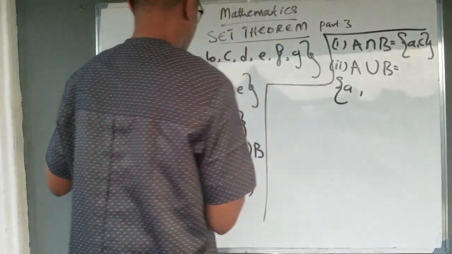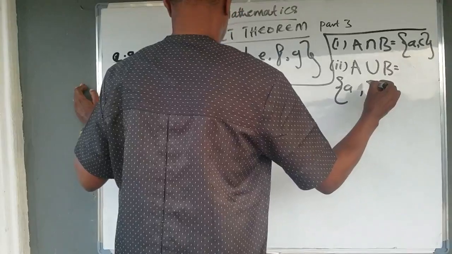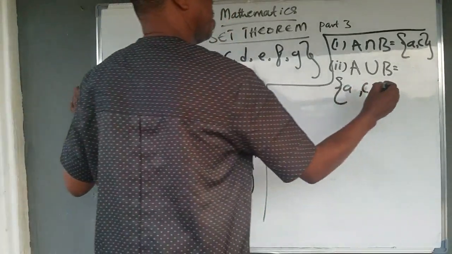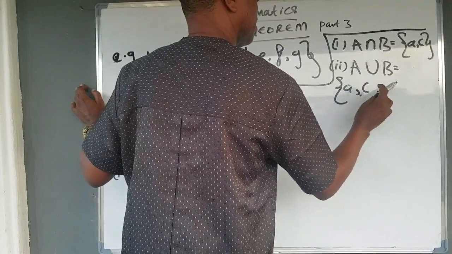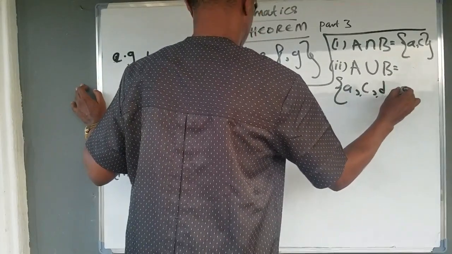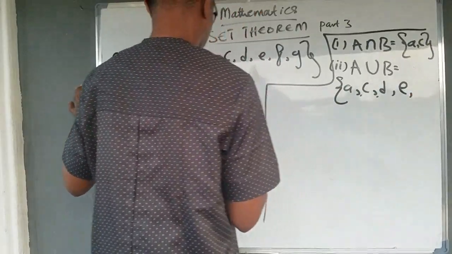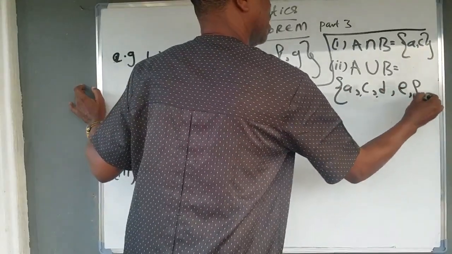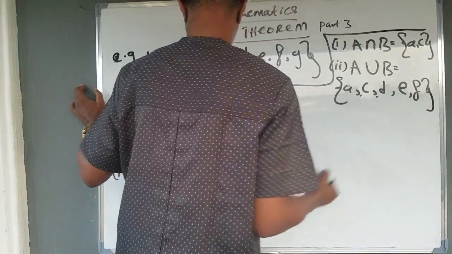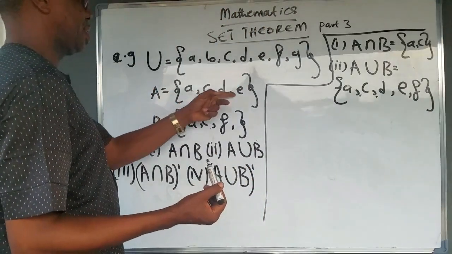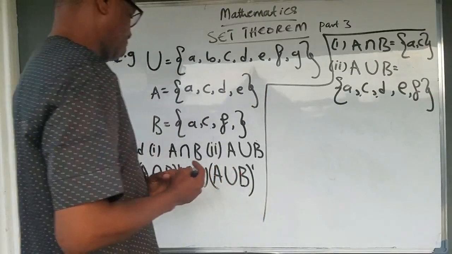A, I'll collect C, I'll also collect D, I'll also have E, I also have F. Notice that we did not collect A 2 times. One A is enough. A, C, D, E, F. So this is A union B.